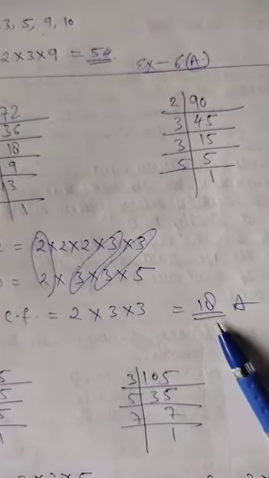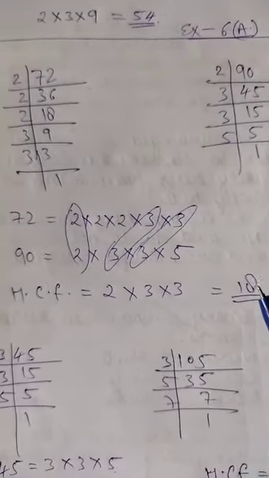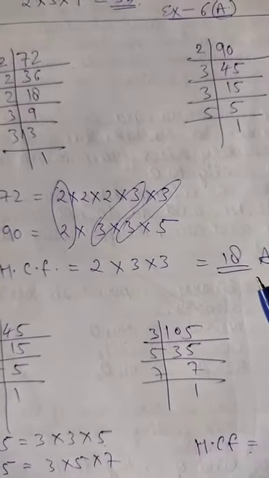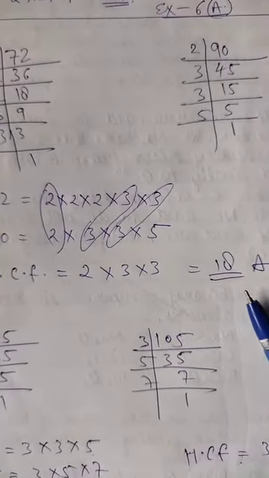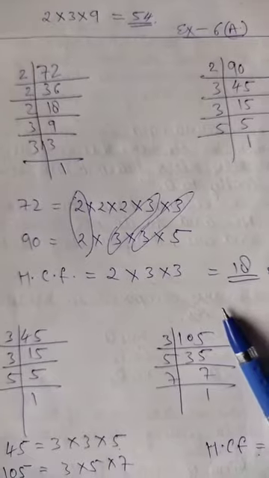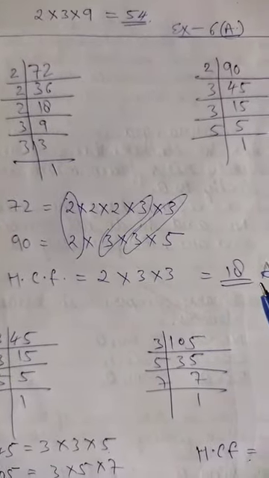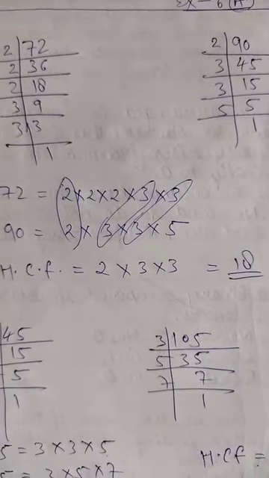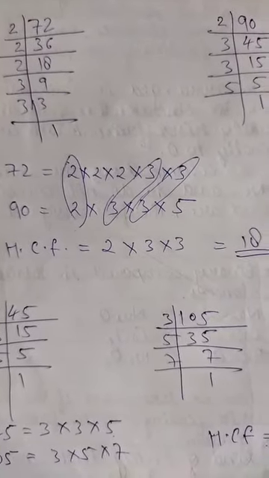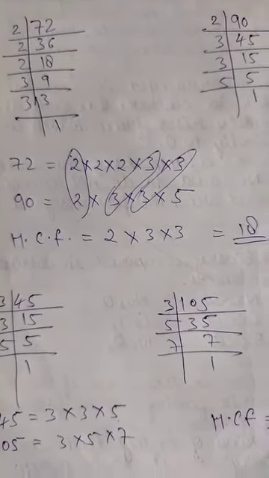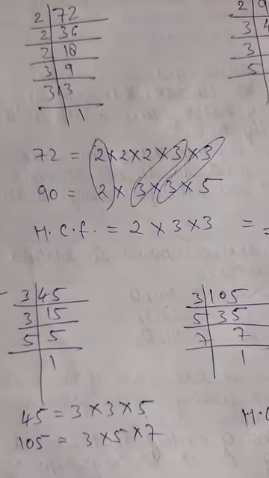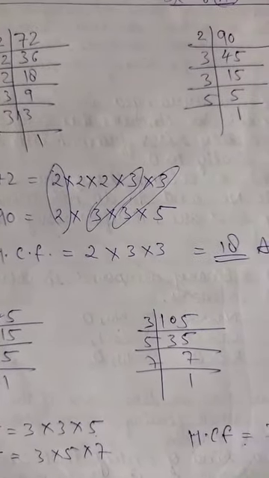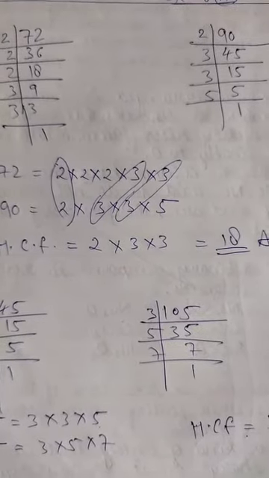So 18 is our HCF. This is the way to find the HCF by finding factors. Hope all of you are clear and know how to find the factors. Like this we have to find the HCF. The whole exercise 6A is like this only. Similar questions are there in the whole exercise.